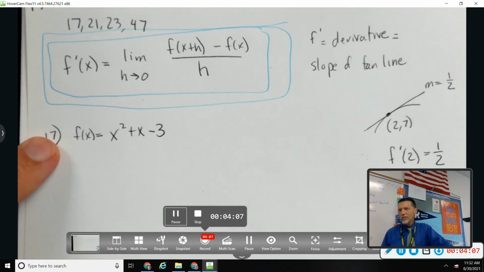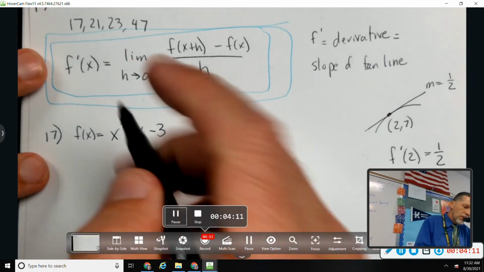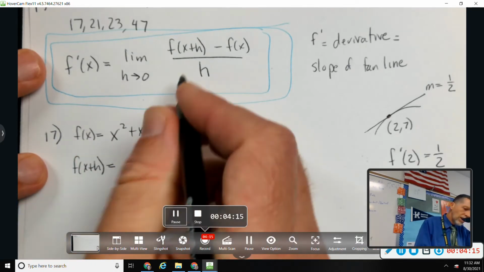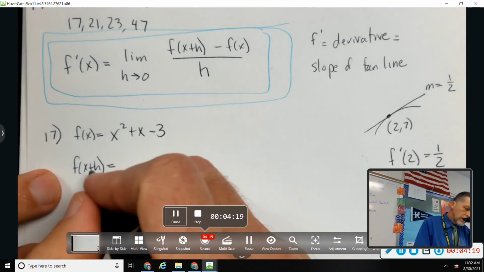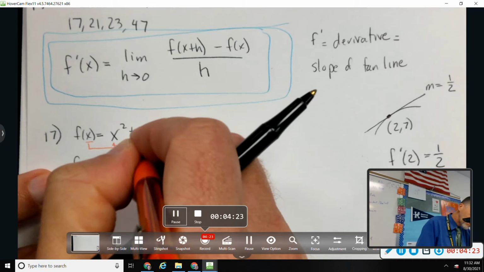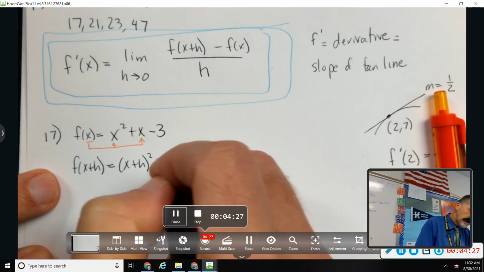We don't want you to use the shortcut yet. We want you to use the limit process. So I need to find f of x plus h and plug it in and take the limit. So for f of x plus h, wherever there's an x, we replace it with x plus h.